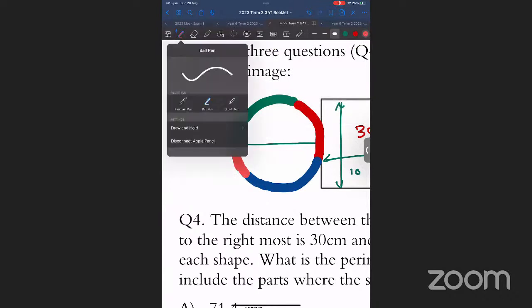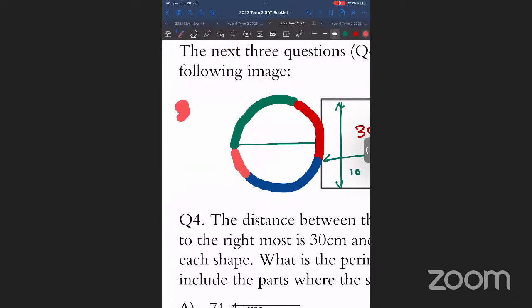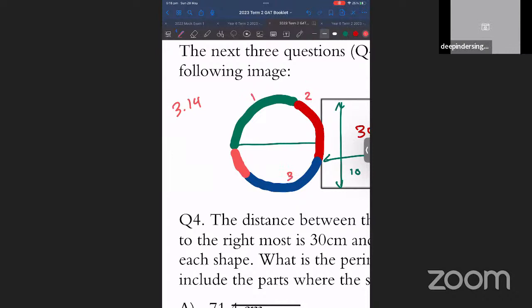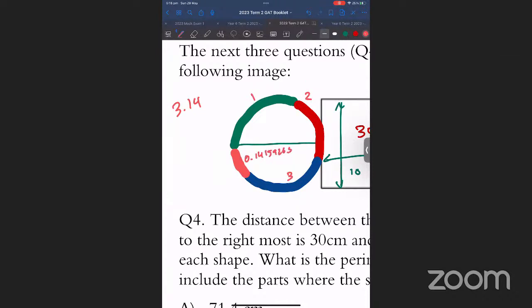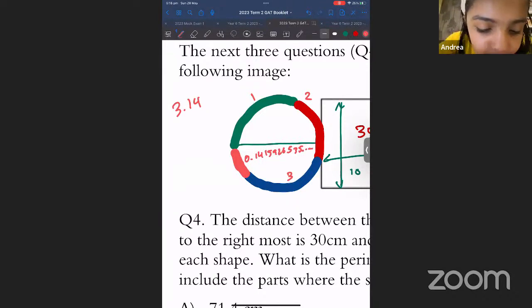That is why it is 3.14. It goes 1, 2, 3, and this part is 0.141592653, and so on. Do you guys understand?